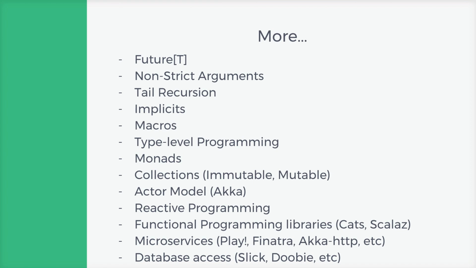For database access, we have several libraries as well, like Slick that I mentioned in the macro topic, and we have Doobie that is a pure functional programming layer for accessing your relational database models. And there are also things like ScalikeJDBC, Anorm, and several other frameworks.